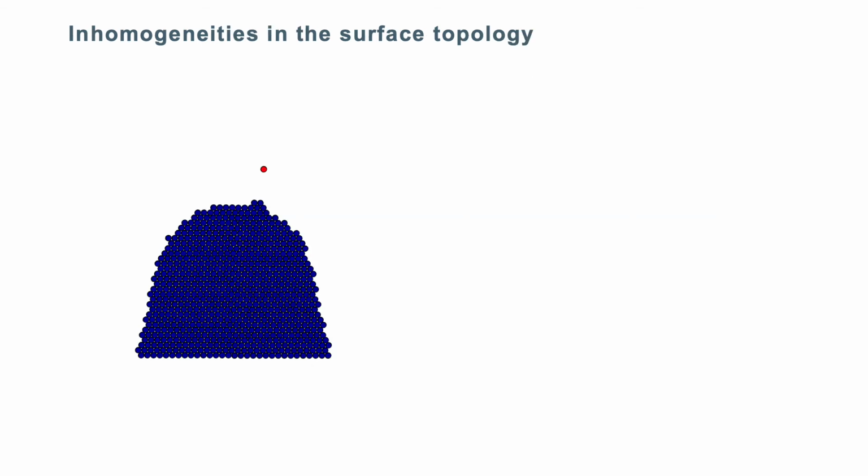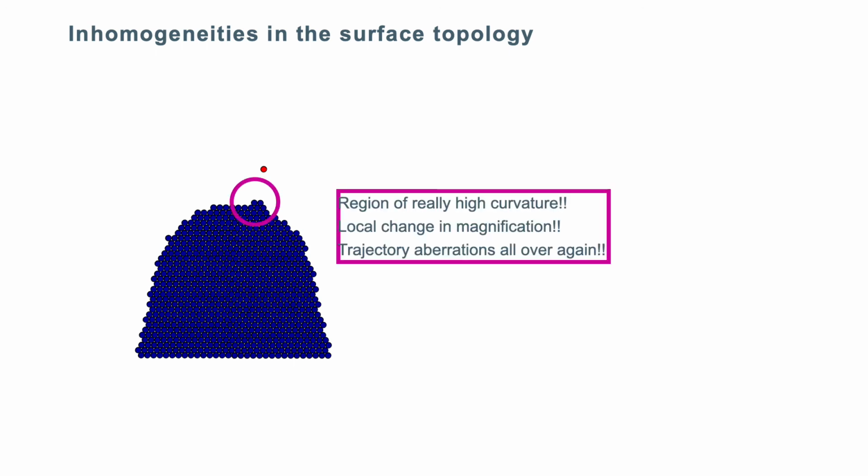Also, when we start looking at these types of very local curvature, because the trajectories of the ions are related to the field, if you have a local high curvature, there's a local high field, which is going to push the ions away. So we will actually have trajectory aberrations related to this.